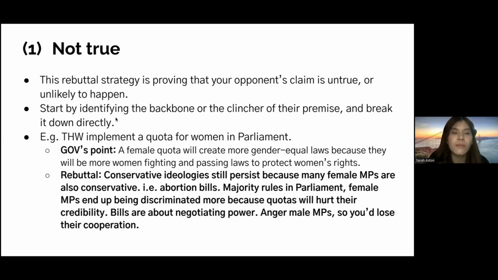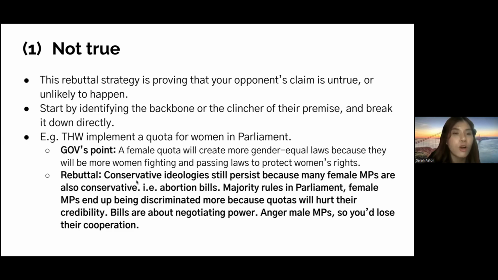But when we talk about the first way of rebutting, which is just to prove why it's not true, we can talk about how conservative ideologies still persist because many female MPs are also conservative. So being female within a parliament, and this is very smart, doesn't necessarily mean that you're going to have the most progressive laws or, to a certain extent, the most equal forms of laws, because you are still unable to be sure of the political leanings of these particular MPs, right?